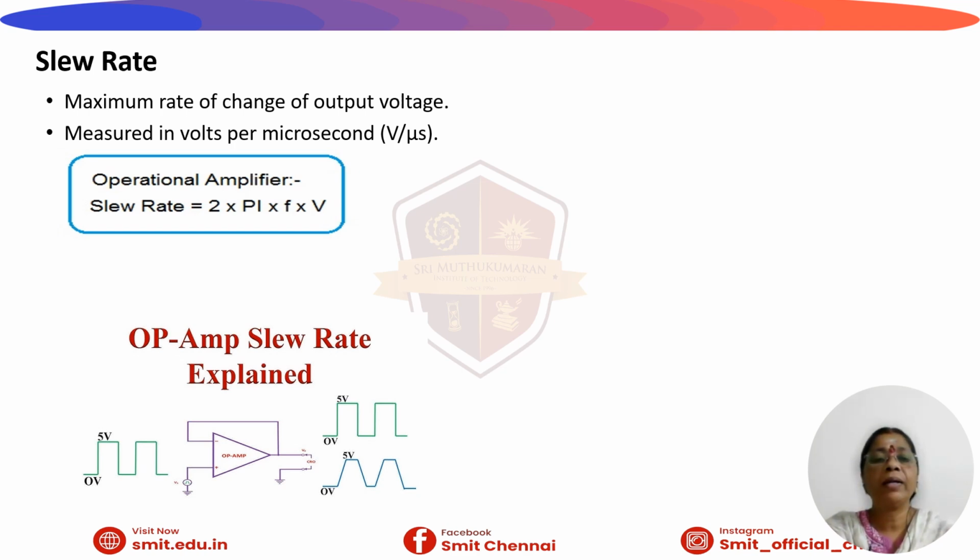It is measured in volts per microsecond. The definition and formula is given as below. Slew rate is mathematically defined as slew rate equals dV by dt at maximum frequency.